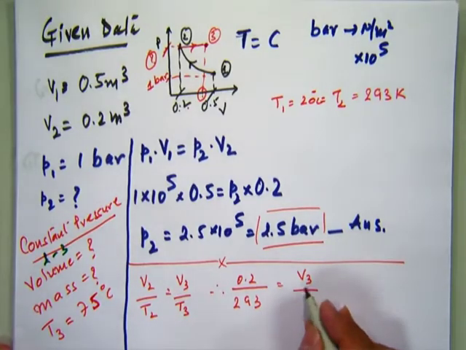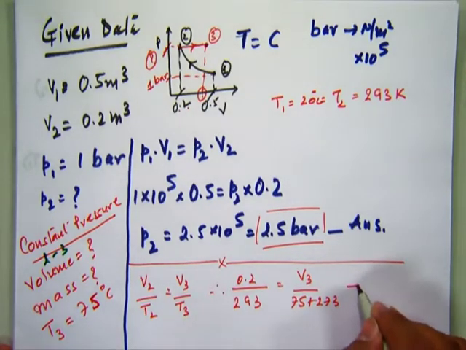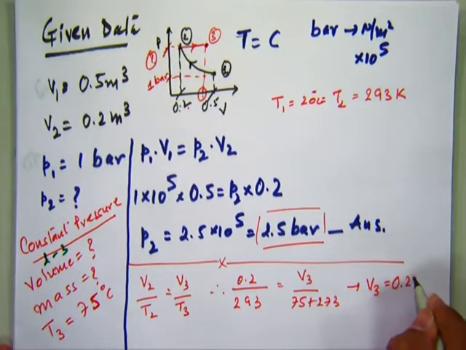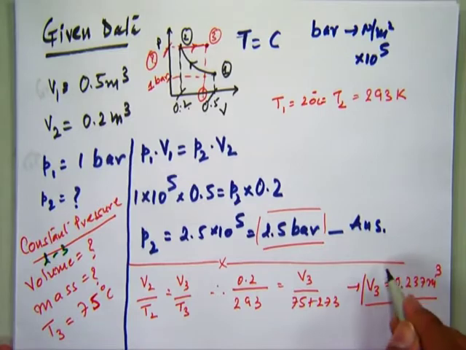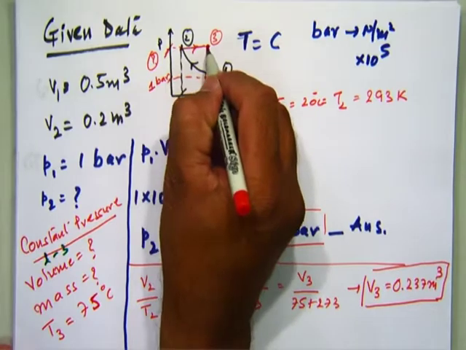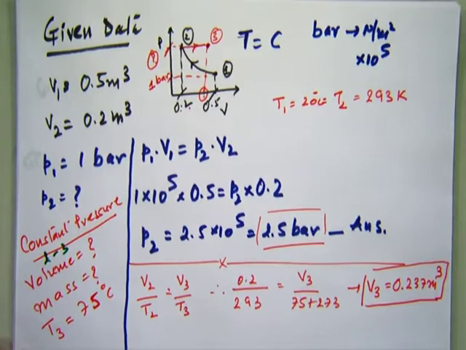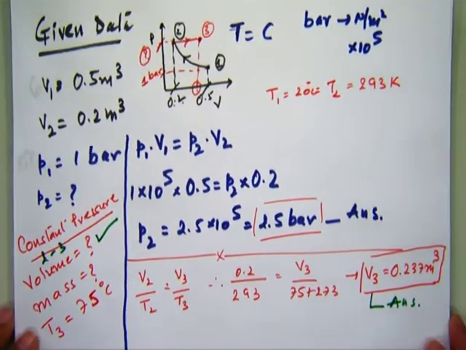So T3 is 75 plus 273. You will get V3 is equal to 0.237 meter cube at point 3. That is the second answer that we have found out.